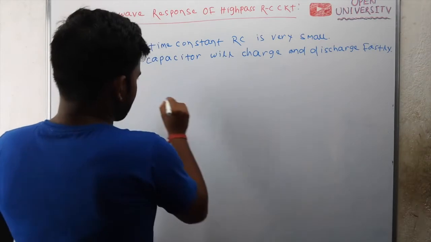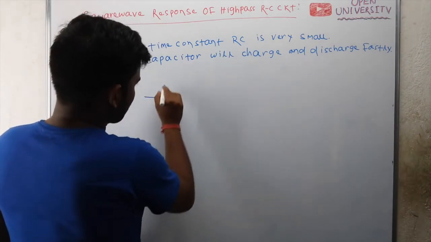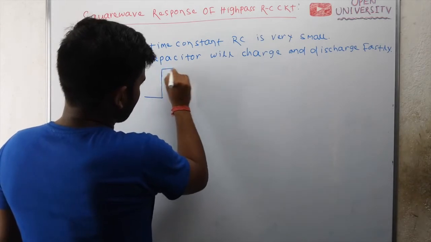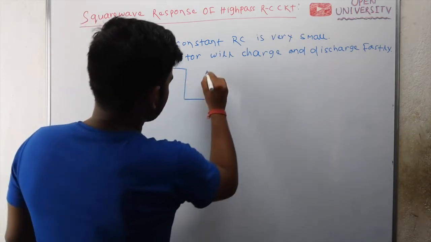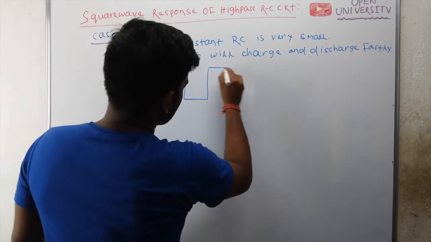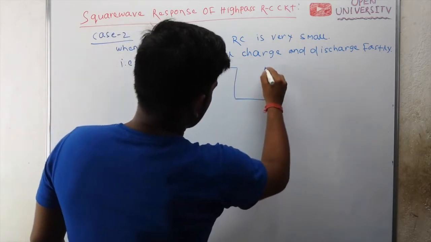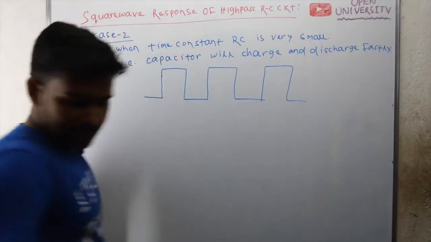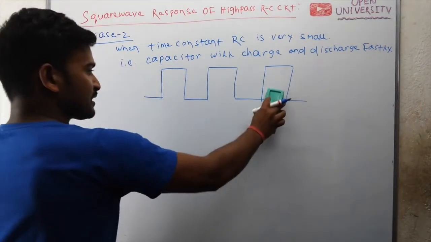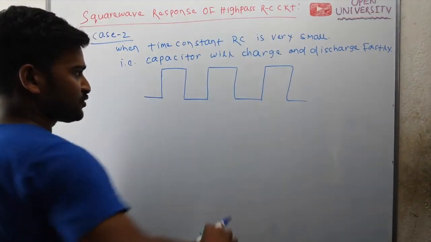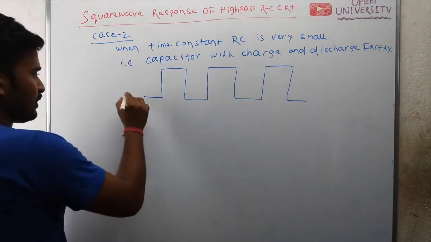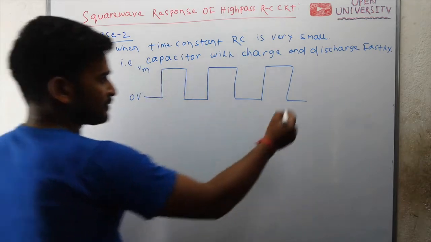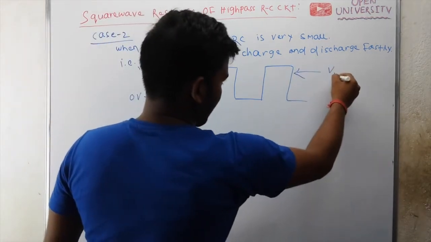See, this was your input signal, which is a square wave signal. I am assuming the input voltage is varying from 0 to Vm. This is your input waveform Vi.